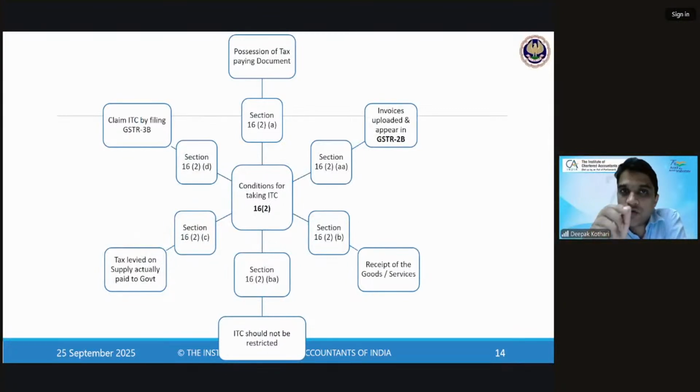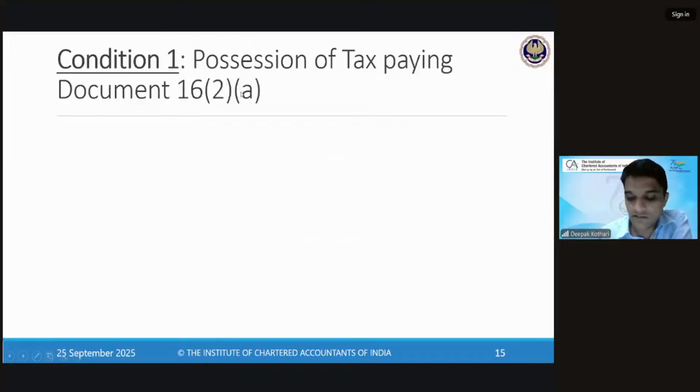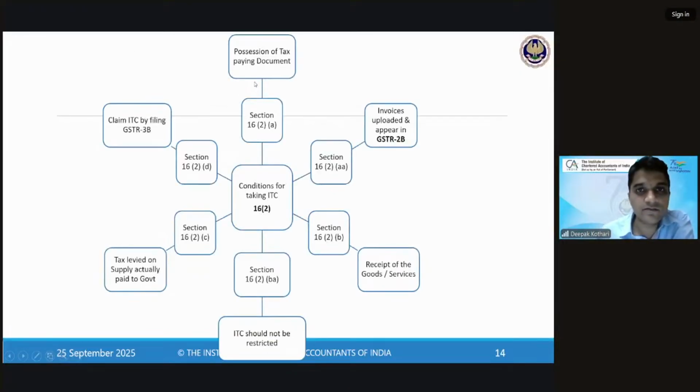It starts with 16(2)(a). The first condition states that the person who is claiming the input tax credit should be in possession of the tax paying document. That is 16(2)(a), which gives the first condition: to claim the input tax credit, you should be in possession of a tax paying document.